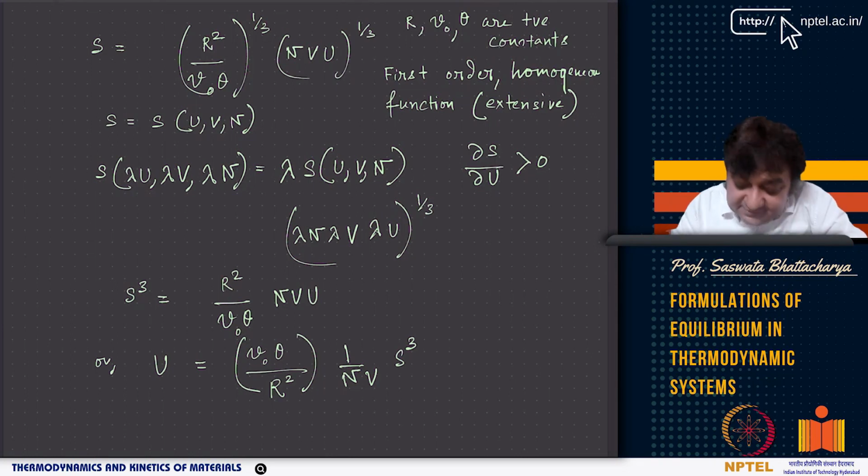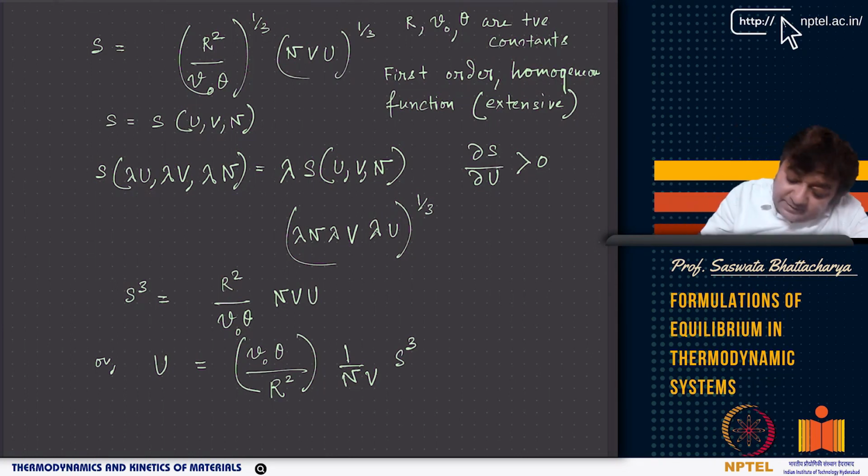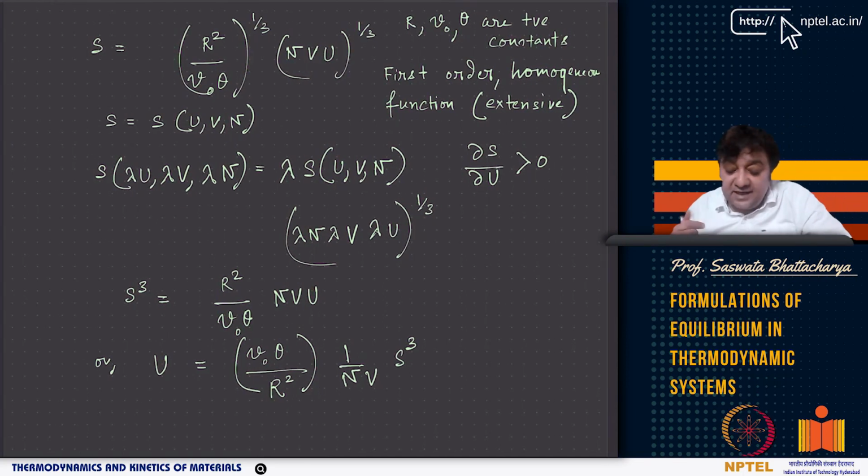So for example, if I give this example, say this is from Callan's book, that we have S, which is equal to (r square by v0 theta). Now r, v0 and theta are positive constants, okay? Then you have S equals (r square by v0 theta) whole to the power 1/3 times (NVU) whole to the power 1/3.